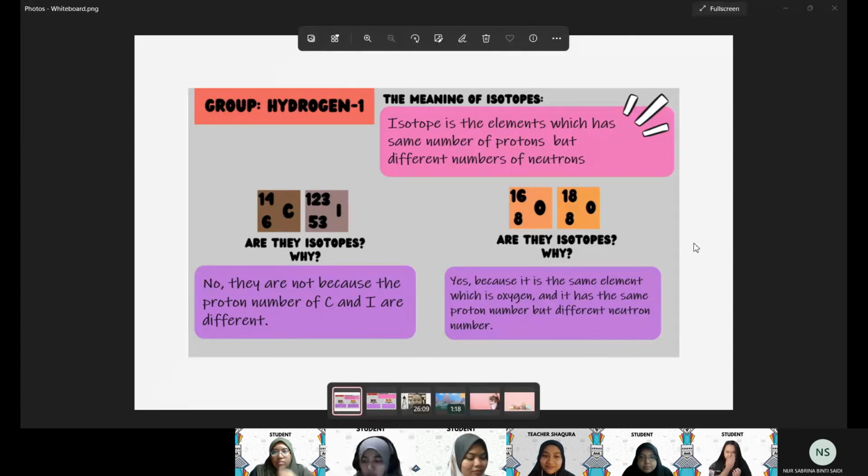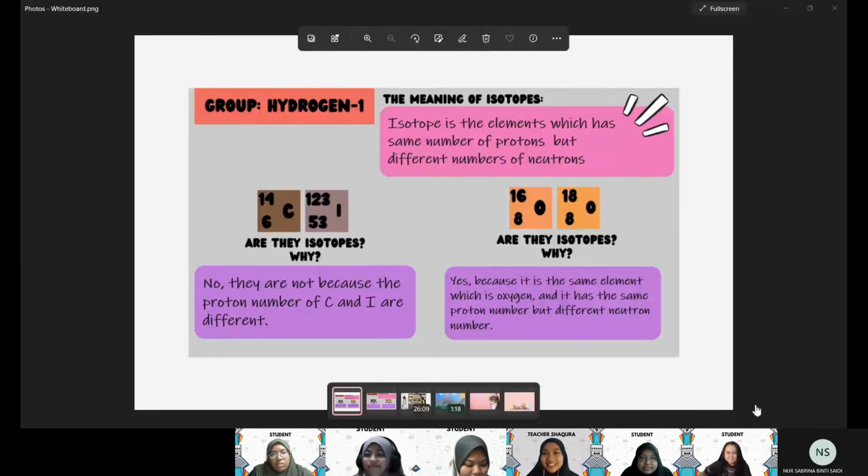Our answer is no, because the proton numbers of carbon and iodine are different, and also carbon and iodine are different elements. Between oxygen 16 and oxygen 18, are there isotopes? Our answer is yes, because it is the same element, which is oxygen, and it has the same proton number but different neutron number. That's all from group 1.